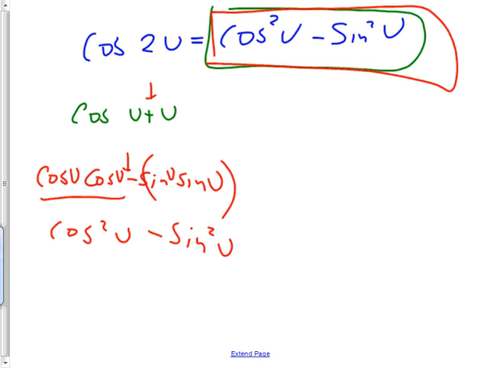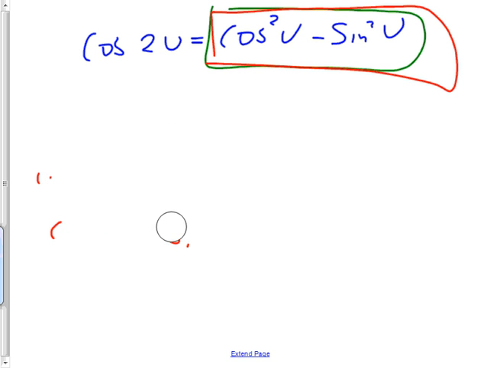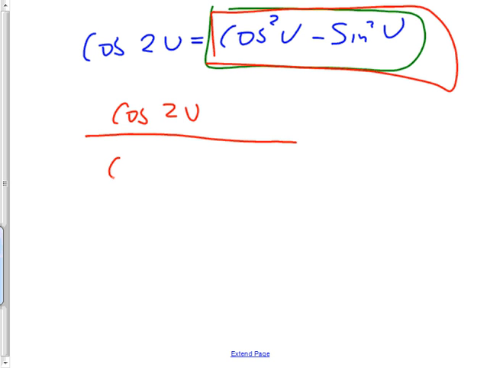So when is it handy? Let's say that you were in the middle of a problem, and this is given to you on the top of the paper. Say you're in the middle of a problem, and it says cosine of 2 theta all over cosine squared theta minus sine squared theta. You could be smart enough to know, oh, cosine 2 theta, I know that one.